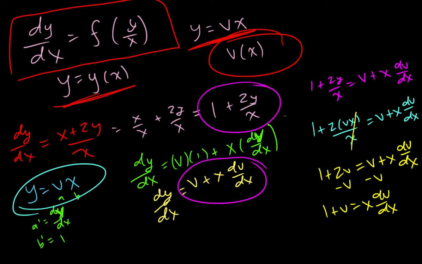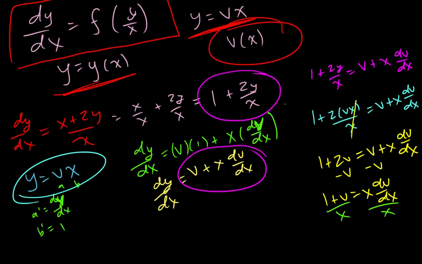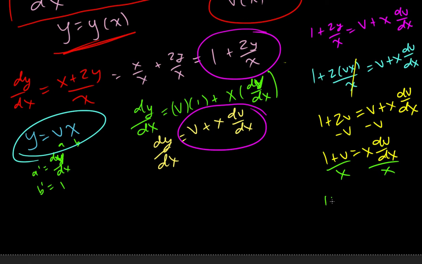And so we need to get v on the same side as dv and x away from it. So to do that, let's divide both sides by x. So we'll get 1 plus v over x equals dv dx.